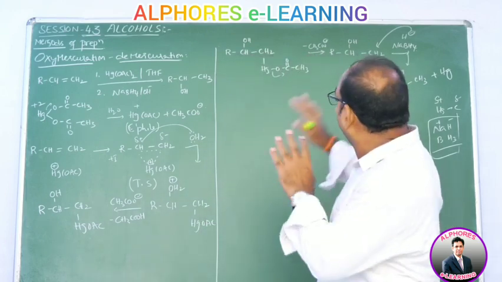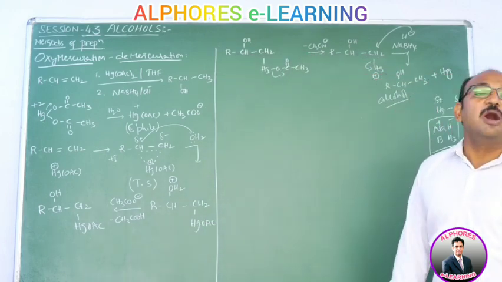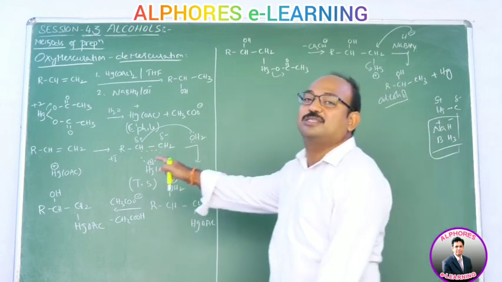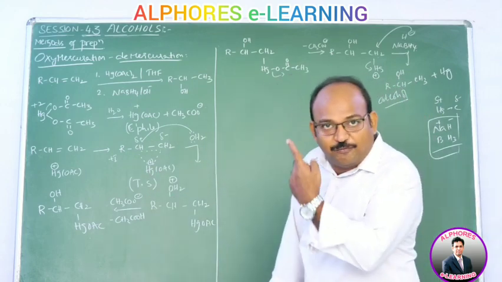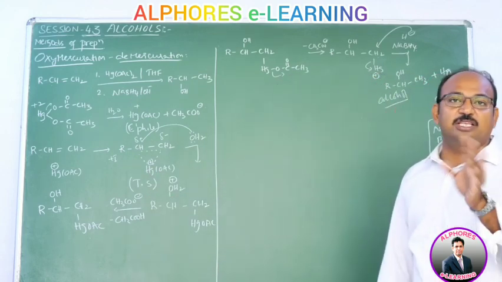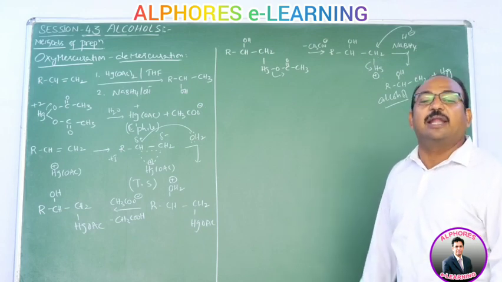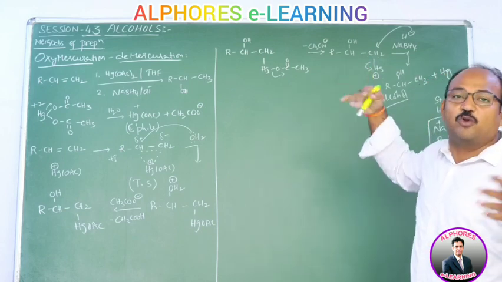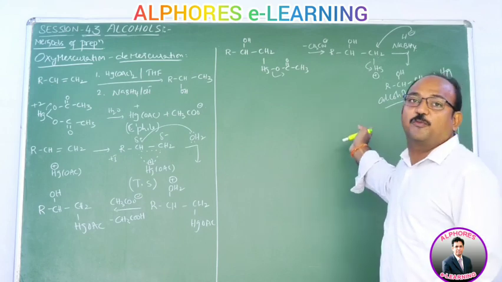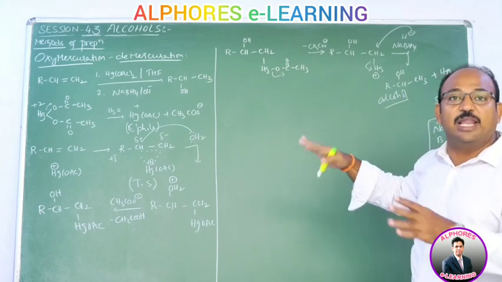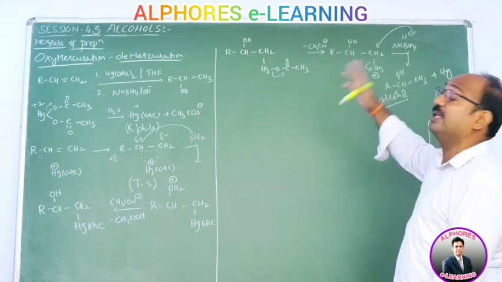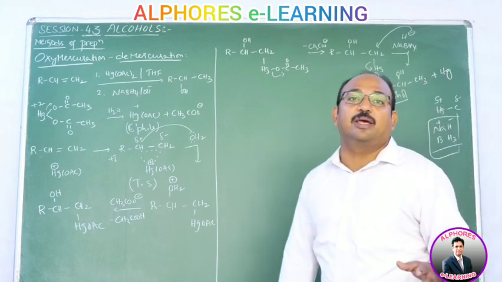The Markovnikov rule is followed until oxymercuration only, and from demercuration onwards there is no Markovnikov rule like that. Here the product is a Markovnikov product, but the addition is not like that. Overall addition is not like that because H minus is added. Hope you got the point here.